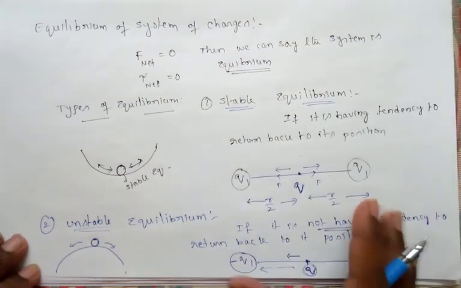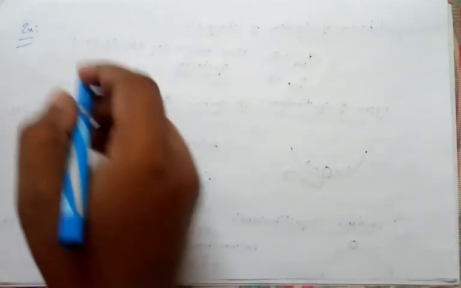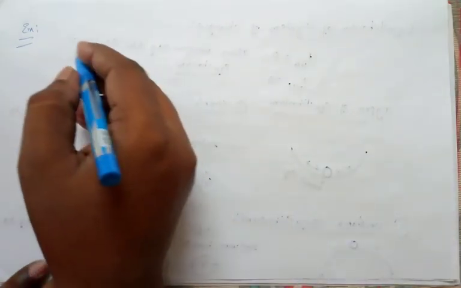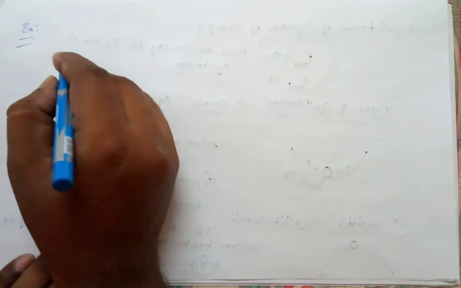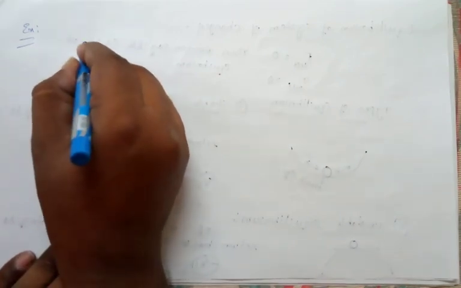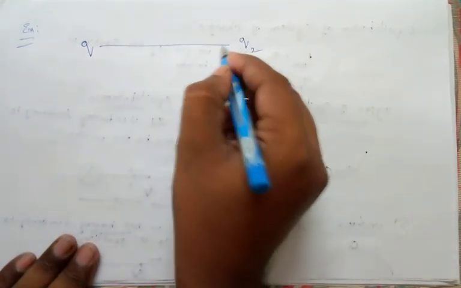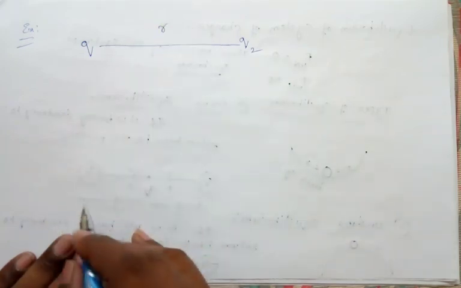So here we can go for one example. And one more is there, that is neutral equilibrium, which we will discuss later. Here one example I am taking: a charge arrangement like this. We have a charge q here and a charge q here, and these two charges are separated by distance r.